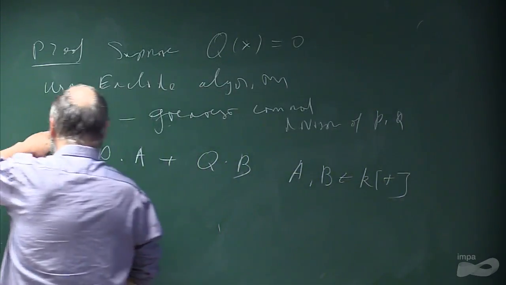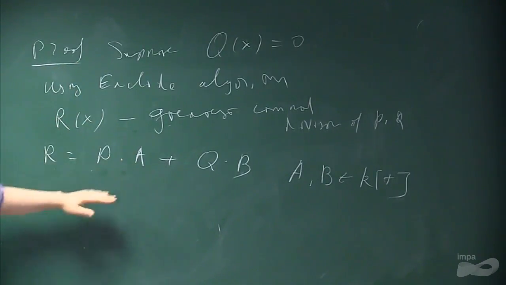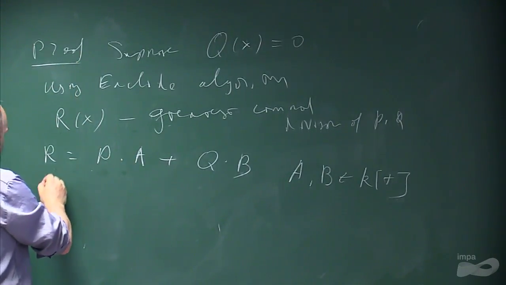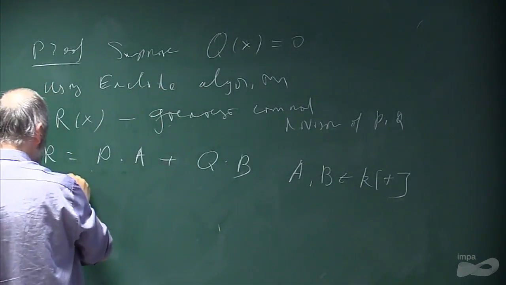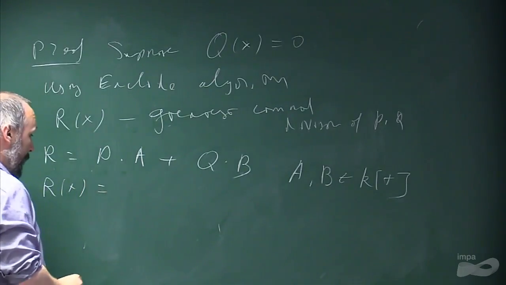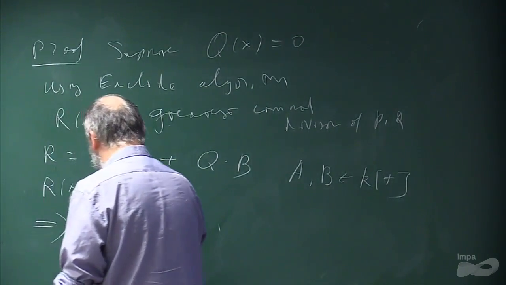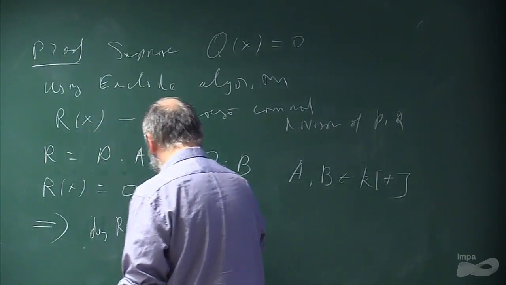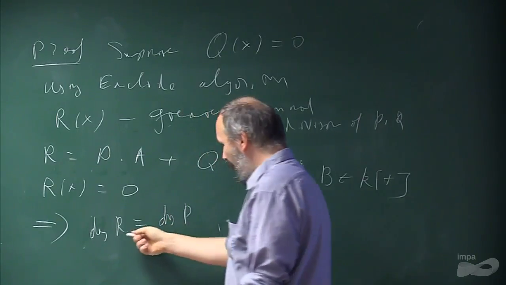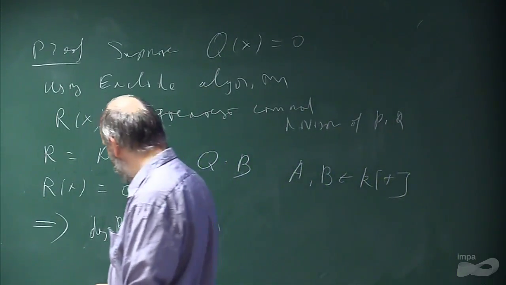You just use the Euclidean algorithm and you express the greatest common divisor as a linear combination. Since both of these vanish on x, R of x is 0, and then the degree of R is the same as the degree of P, because the degree of P is minimal. Then they're proportional.